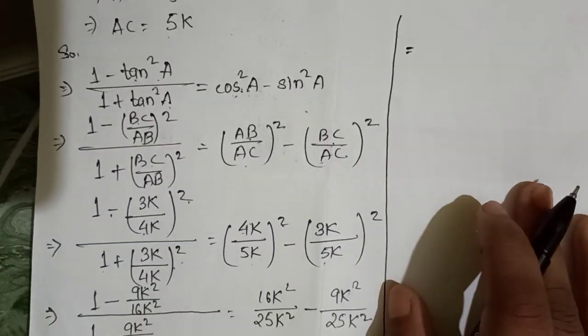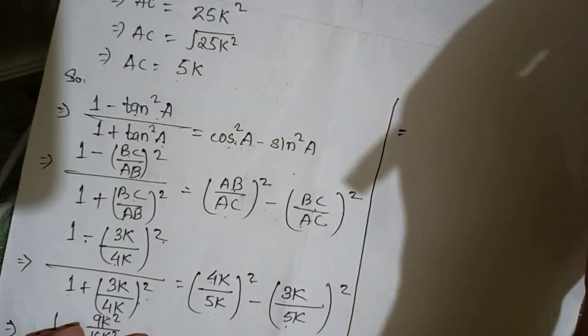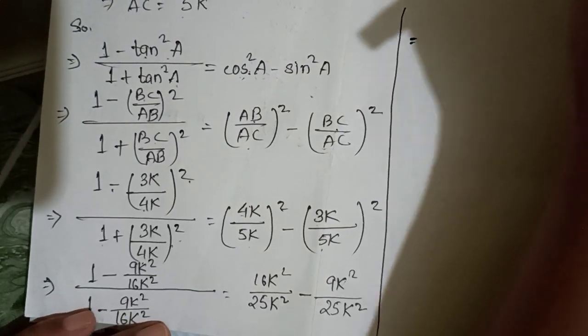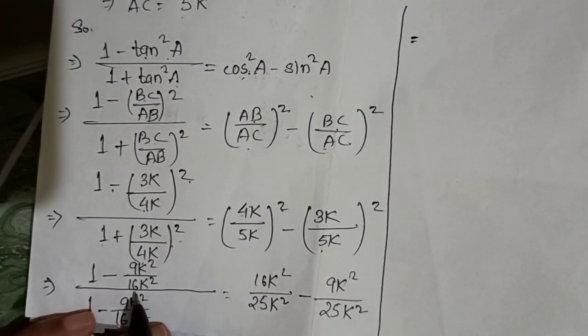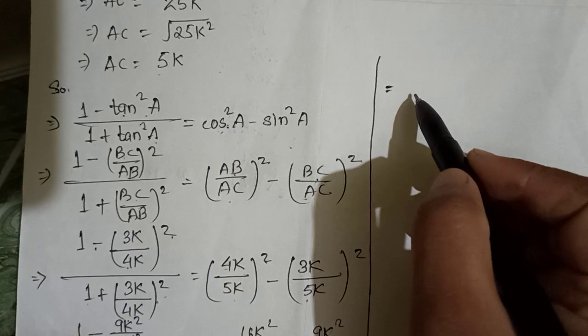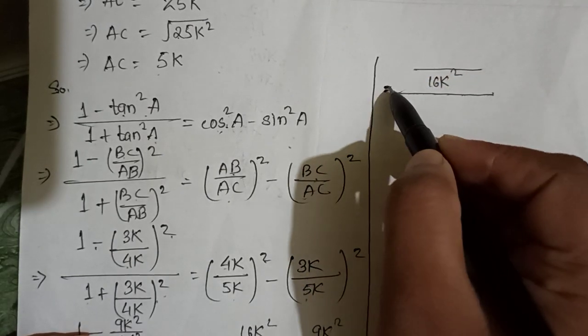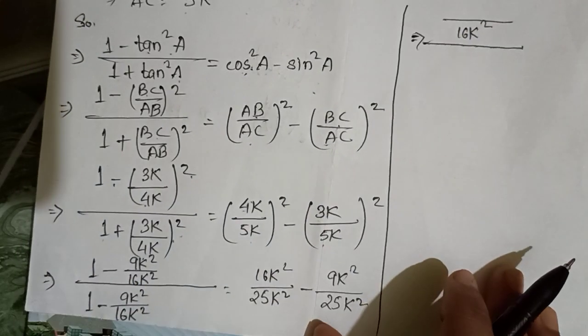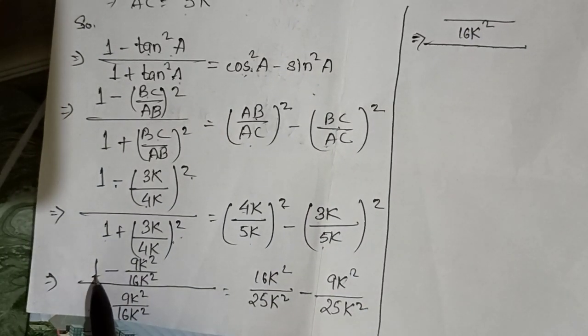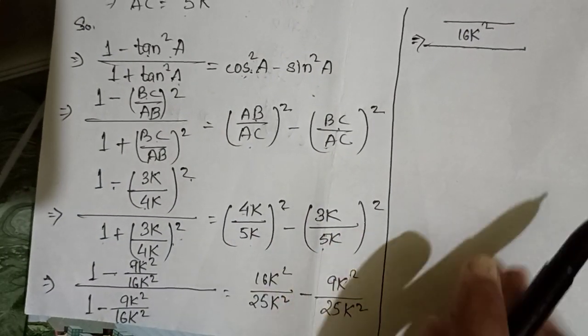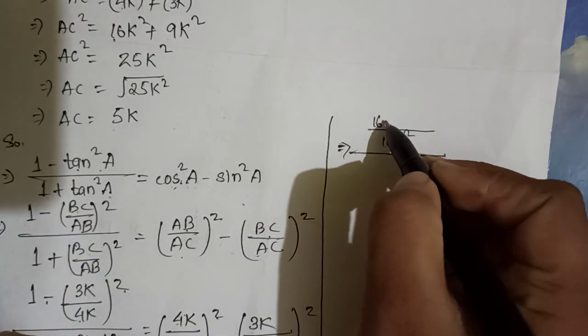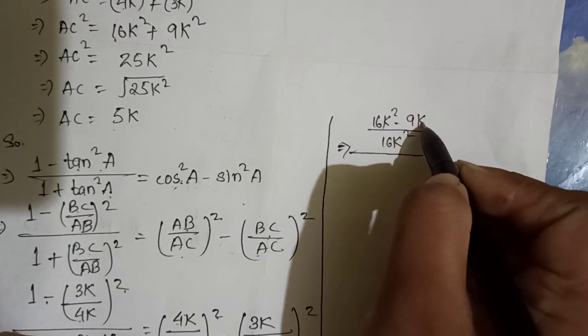So see here, now we have to take LCM here. LCM will be our 16K square. So let us give this line. It will be 16K square upside, so 16K square minus 9K square.